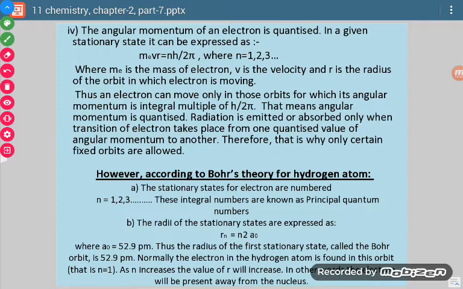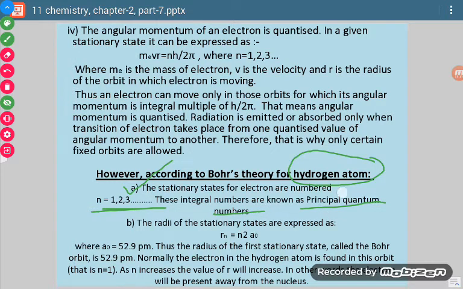Now, on the basis of whatever four postulates we have discussed, a few more things were told by Bohr for the hydrogen atom. We will discuss them one by one. First, stationary states for the electron are numbered as n equal to 1, 2, 3, and this number is known as the principal quantum number.